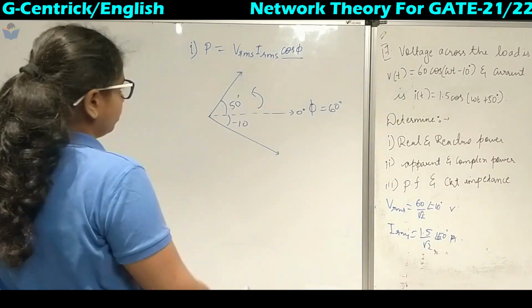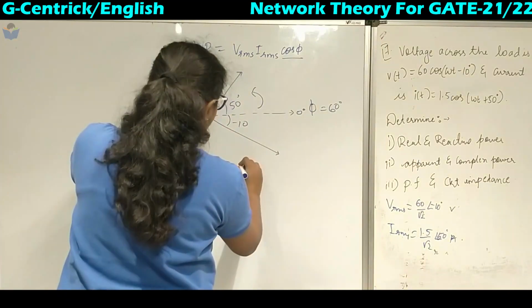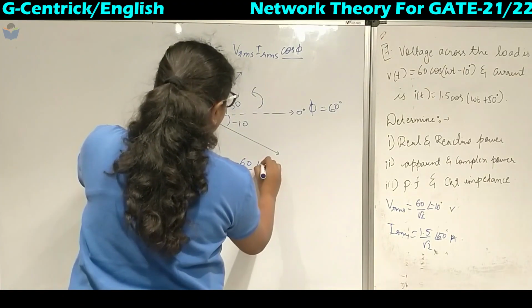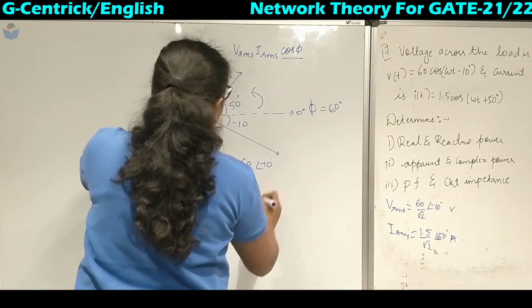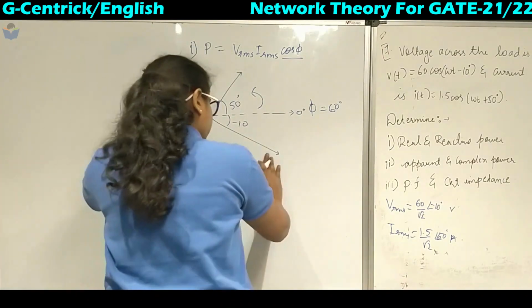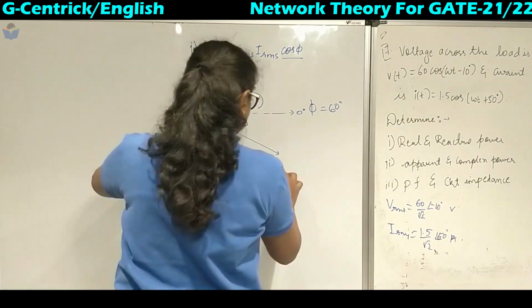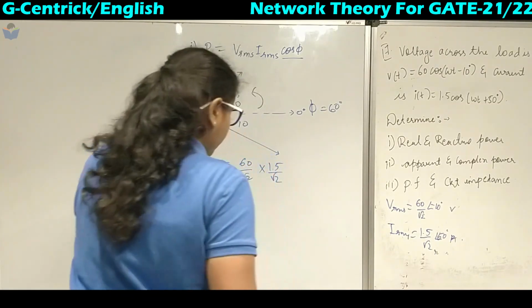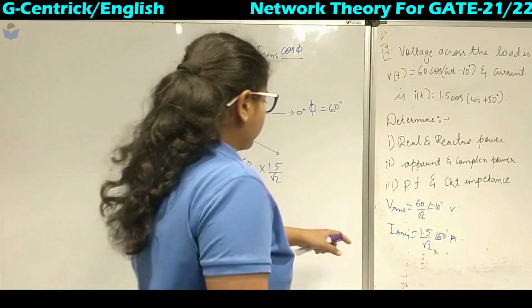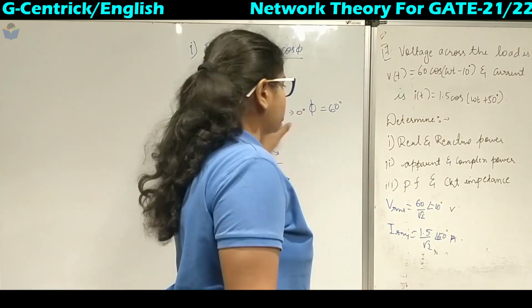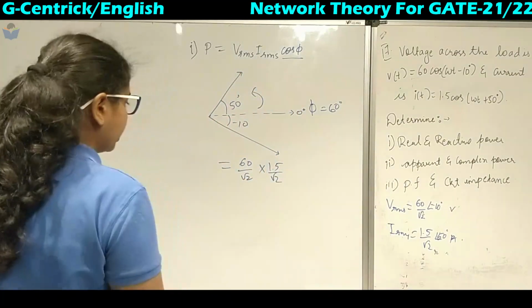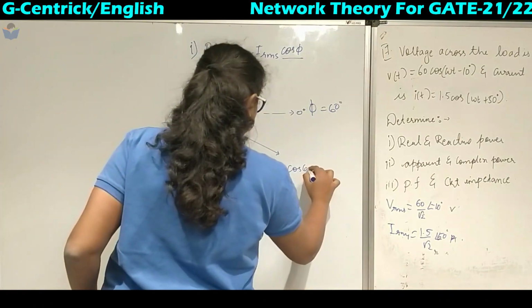Okay, so now I'll substitute here 60 by root 2, and we have to take only the magnitude. Irms is 1.5 by root 2. So what is the angle between Vrms and Irms, or voltage and current? It is 60 degrees. So cos 60.